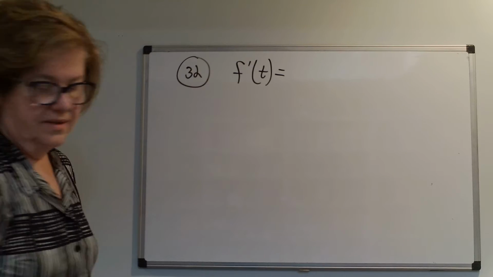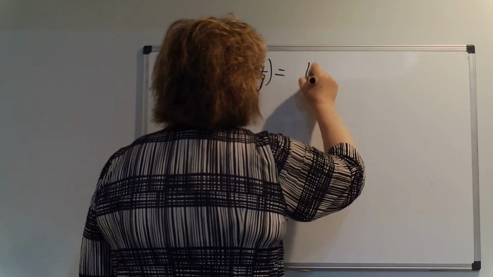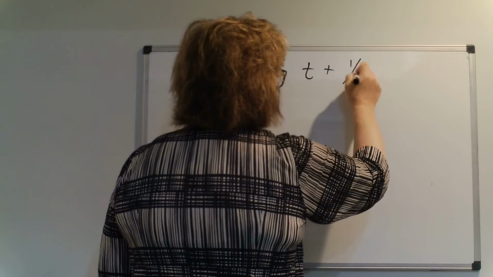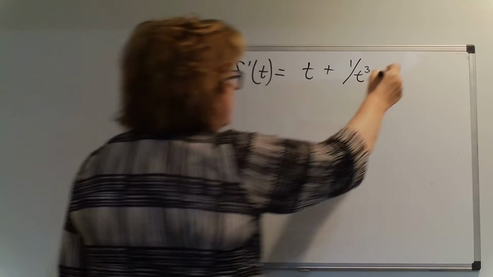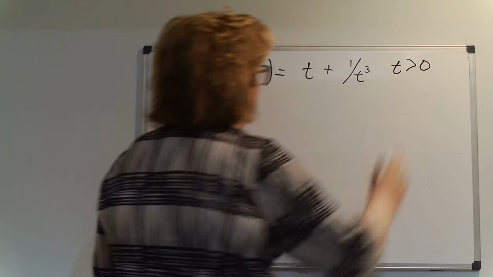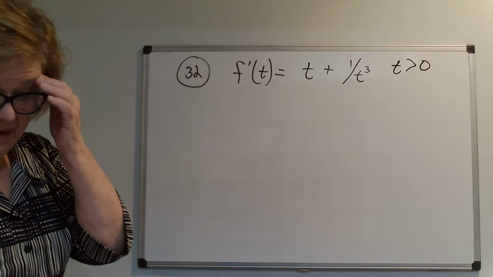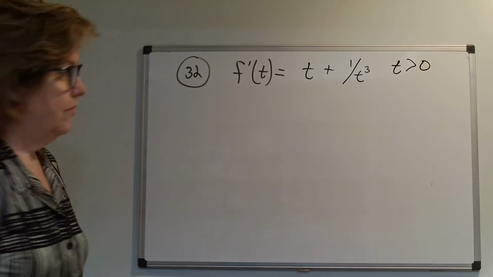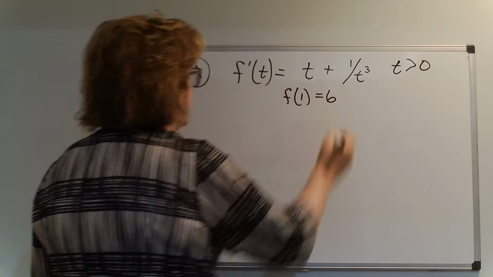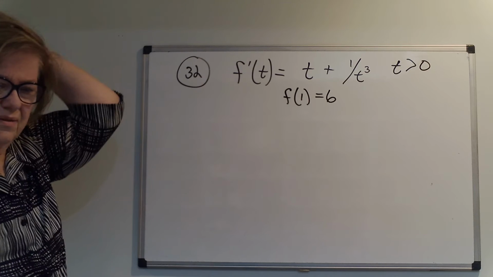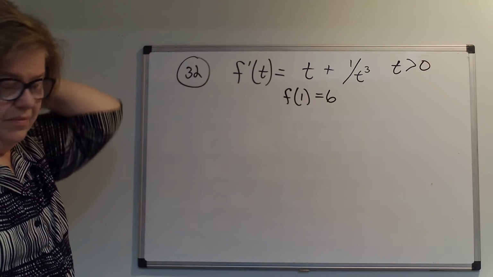F prime of t is t plus 1 over t cubed. But notice t is greater than 0. And we're also given that f of 1 has to be 6. So we're given one extra bit of information.